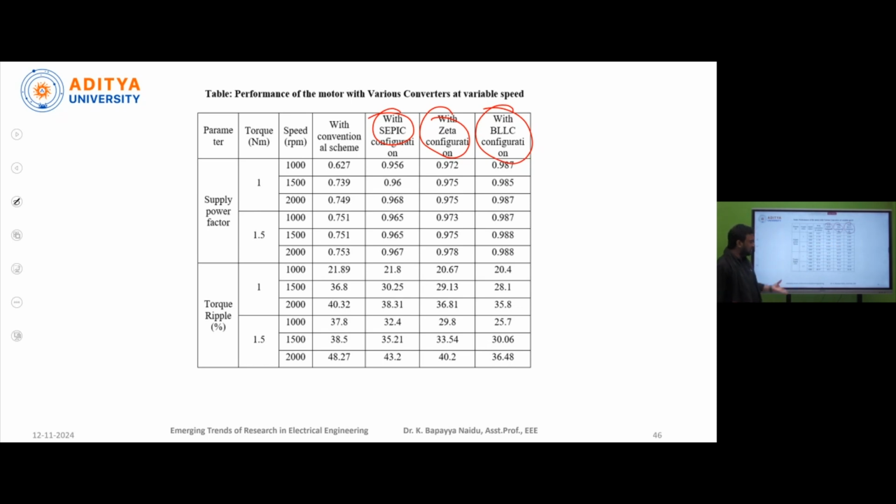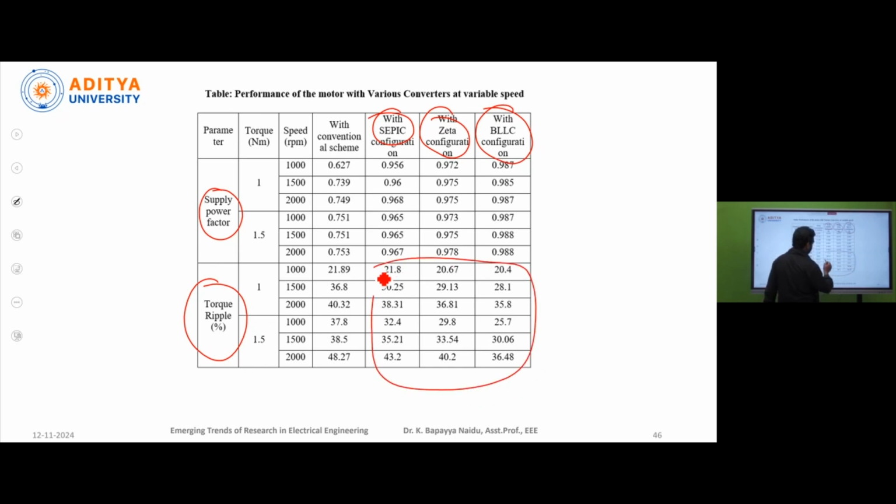From these results, we can observe that only the supply power factor has improved. But if you observe the torque ripple, there is not much improvement, even though we are using power factor correction converter topologies like SEPIC, Zeta or BLLC.